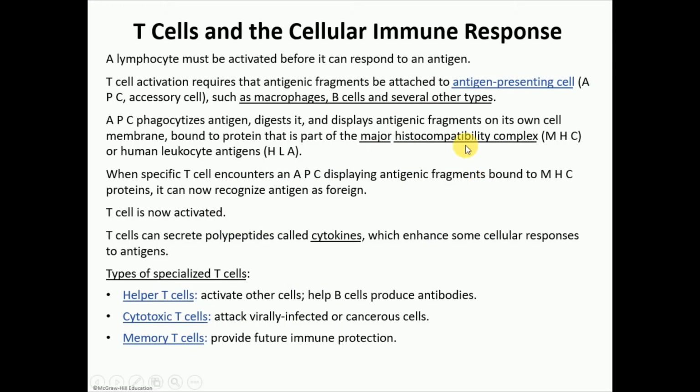So how is it that the T cell and B cell perform this immune response? We need to understand a couple of things first.